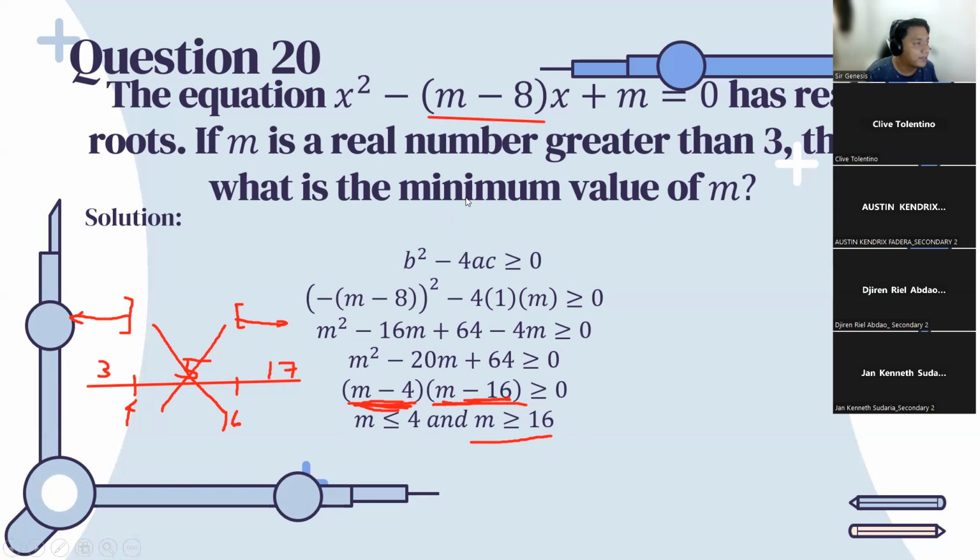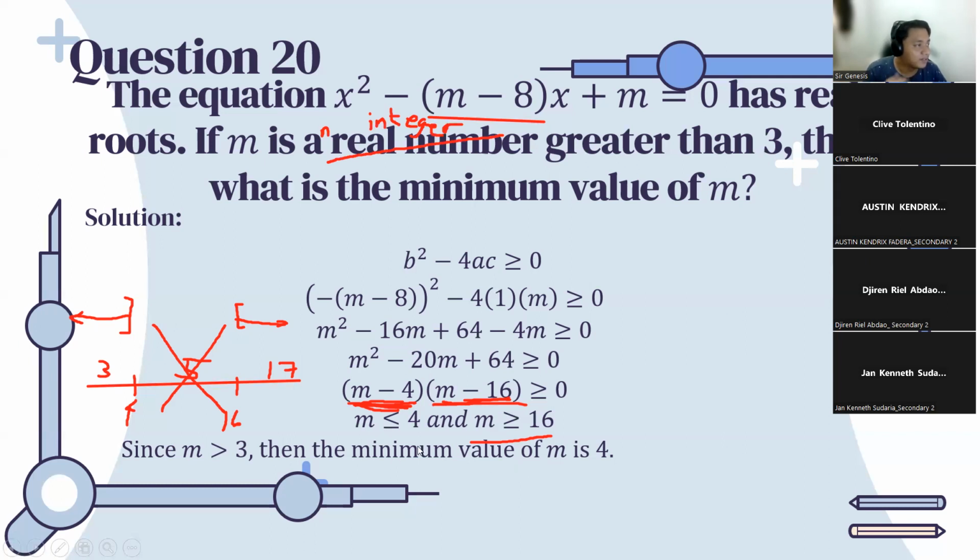Now, since the question says m is a real number greater than 3, what is the minimum value of m? Since m is greater than 3, then the minimum value of m is actually 4. I think the thing here is that it can be changed to an integer greater than 3.